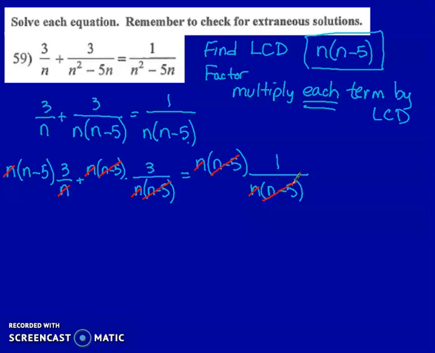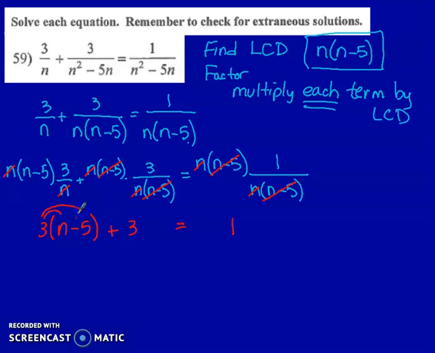All of these simplifications leave us with 3, it's our 3 here, times n minus 5, plus, there's our plus sign, there's a 3, equals 1. A lonely old 1. All right, and then we have an equation that has no fractions, and we can solve it normally.